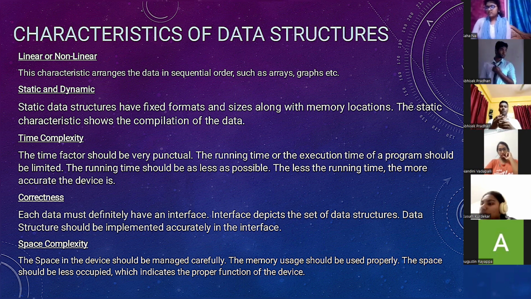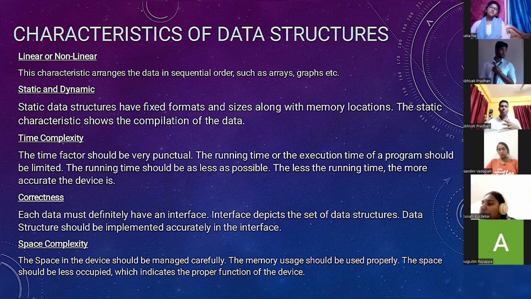Talking about the characteristics, the first and foremost is linear and non-linear. Linear means the data is organized one after another in a sequential order, 1, 2, 3, 4. Non-linear means it is organized randomly. An example of linear is an array, whereas non-linear is a tree.